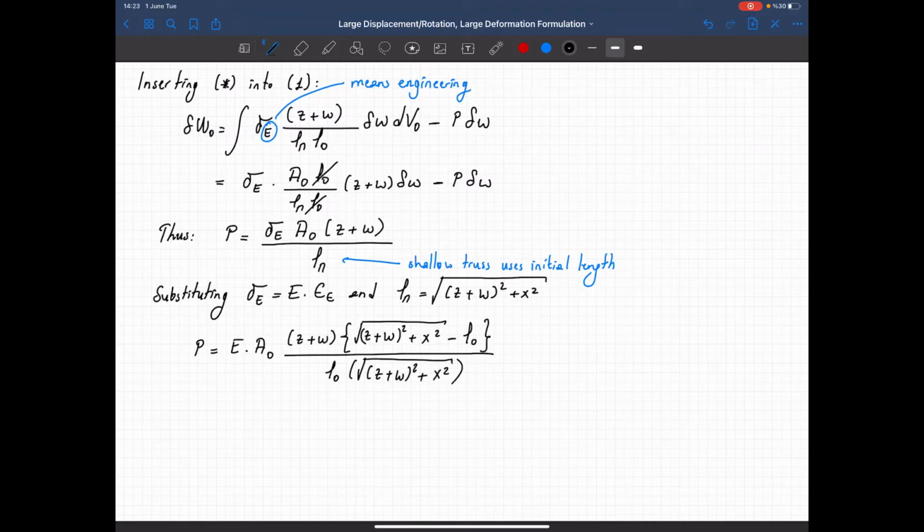And the other thing that we didn't do here, when you compare it with the shallow truss expression, we didn't use the truncated Taylor series expansion.